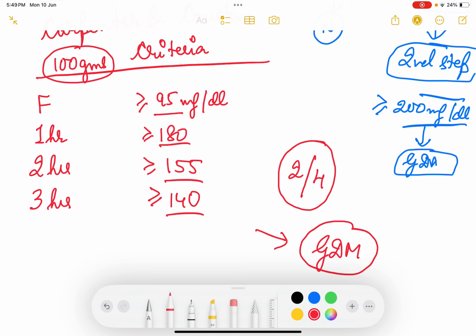If only 1 out of the 4 is met, or none of the values are above these values, then the patient is not diabetic. This is the test done in America, by the American College of Obstetrics and Gynecology. They have a high-resource country, so they can do 2-step testing for screening of diabetes.